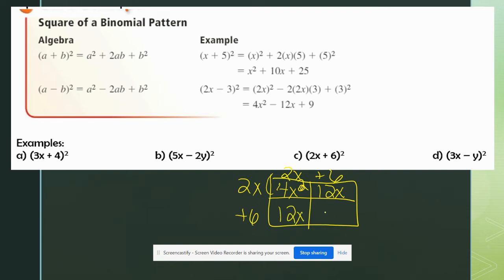And 6 times 6 is 36. Remember, our like terms are diagonal there, so we have 4x squared. 12x plus 12x is 24x. And then we have that 36 at the end. Second power, first power, constant. It's written in standard form and a good answer.